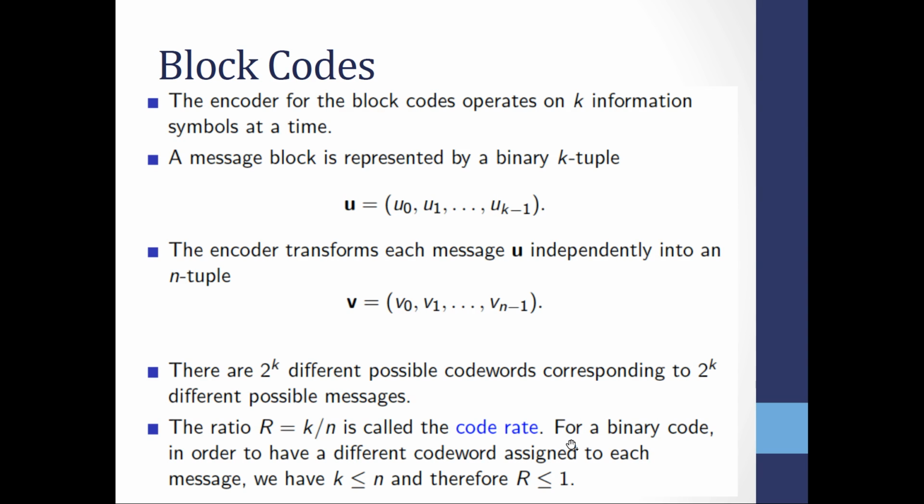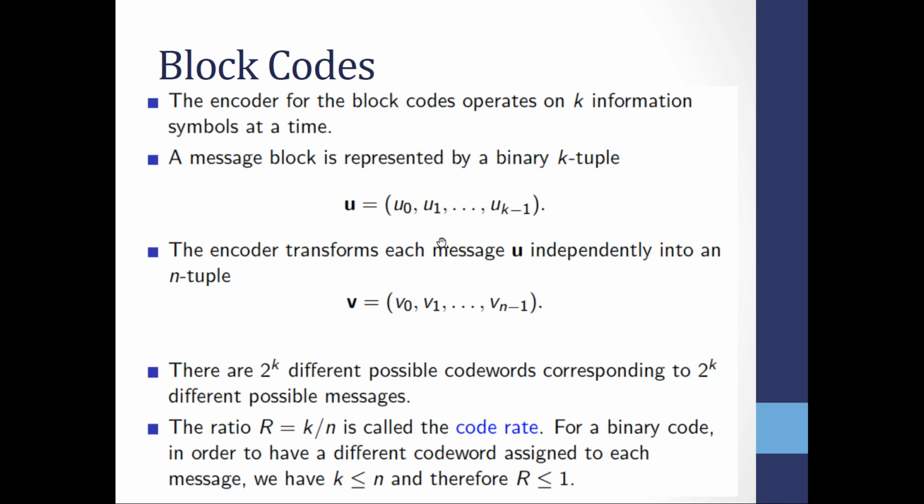For block codes, the encoder operates on k information symbols at a time. A message block is represented by a binary k-tuple. For example, you have your u, which is u0, u1, up to u_{k-1}. u is a vector and each u_i can be 0 or 1.